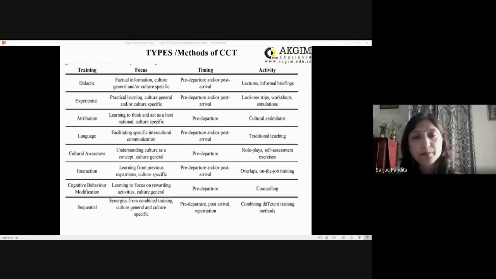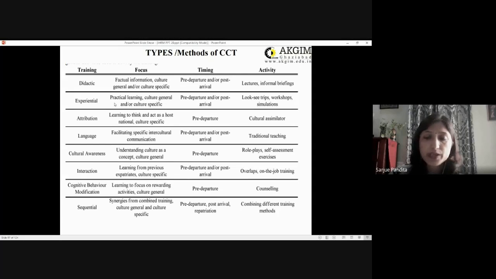It is a pre-departure training which helps the expatriates to form realistic expectations prior to arrival. Although some companies follow post-arrival or on-arrival training as well, researchers say that the effectiveness of pre-departure training is more as compared to the on-arrival or post-arrival phase of the training.